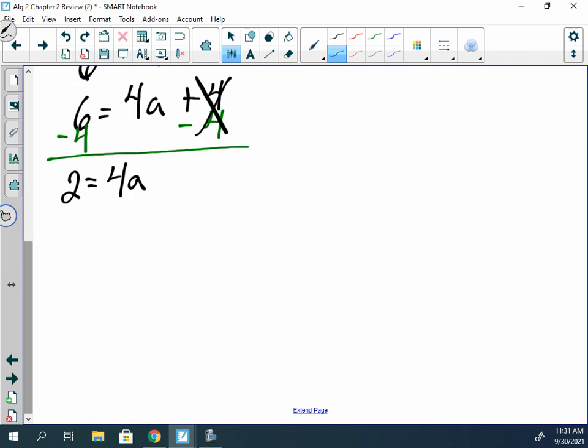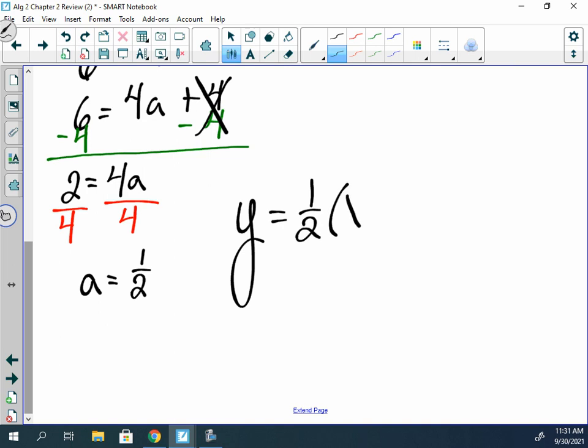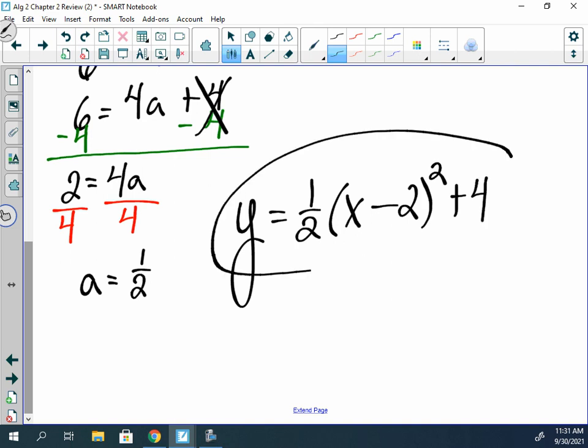So that tells us 2 is equal to 4a. And from here, we can divide both sides by 4, telling us a is equal to 1/2. So we have y is equal to 1/2 parentheses x minus 2 squared plus 4. And that'd be the general equation.